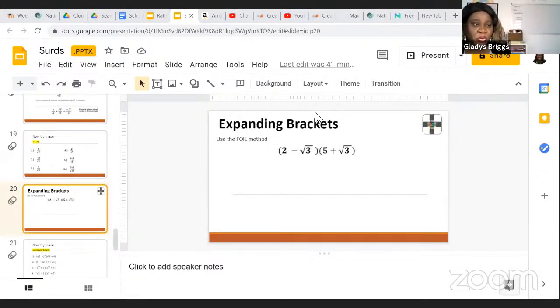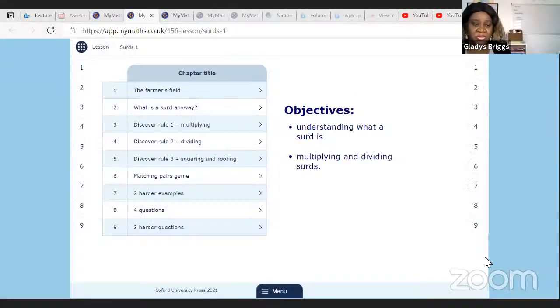I wanted to give you some others. Stop share screen. You want to have a chance to do one? I'm putting it on my maths now. I'm going through it on my maths.